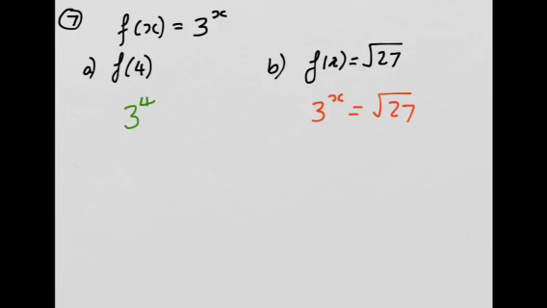Now the only way we can have a root sign here on the right hand side is if this power here was a fraction. So we know that it's 3 to the power of a fraction equals root 27. You should know how you get a root, what needs to be on the fraction for the root, and how do we get 27 from 3.